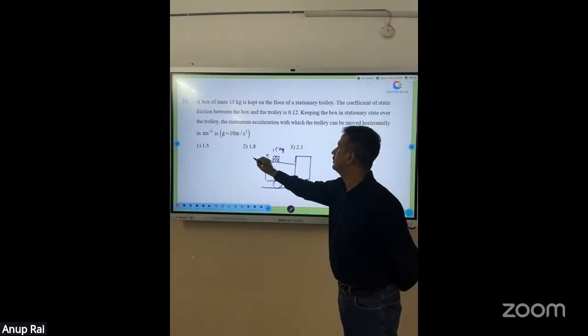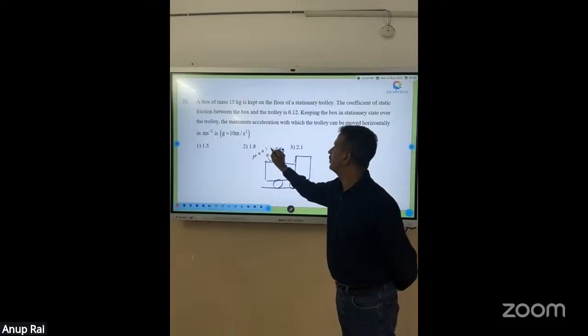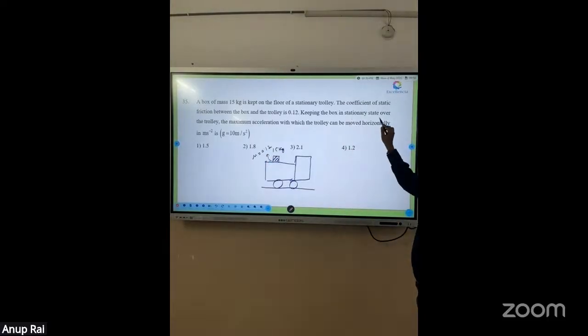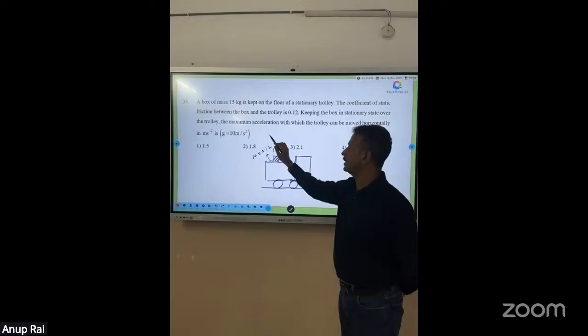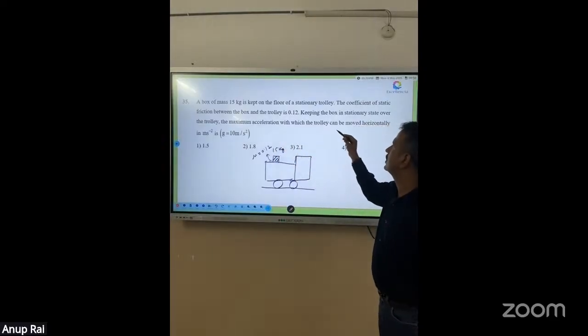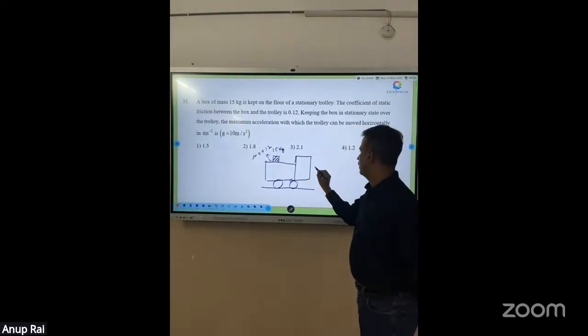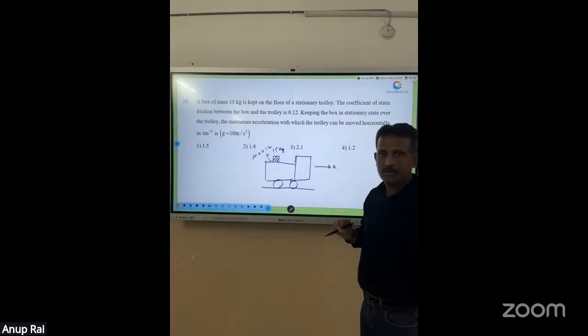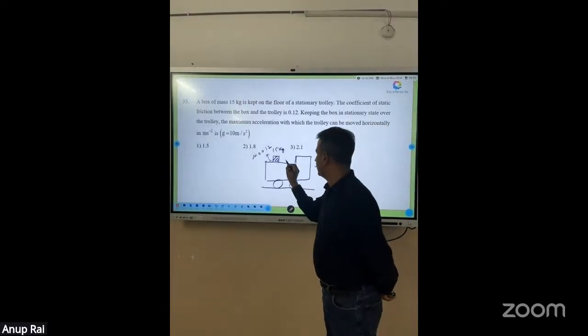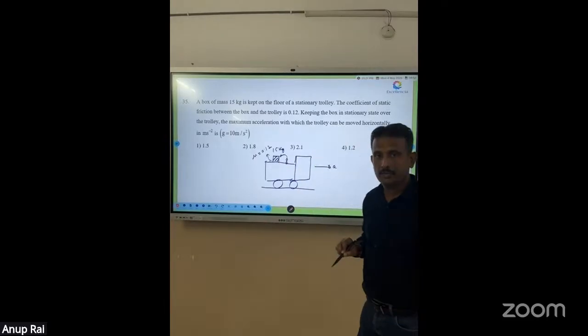The mu value is given to be 0.12. Keeping the box in stationary state over the trolley, what is the maximum acceleration with which the trolley can be moved horizontally? At what acceleration can we move it horizontally, ensuring that if an observer is standing here, he sees it as stationary? There is no relative motion.